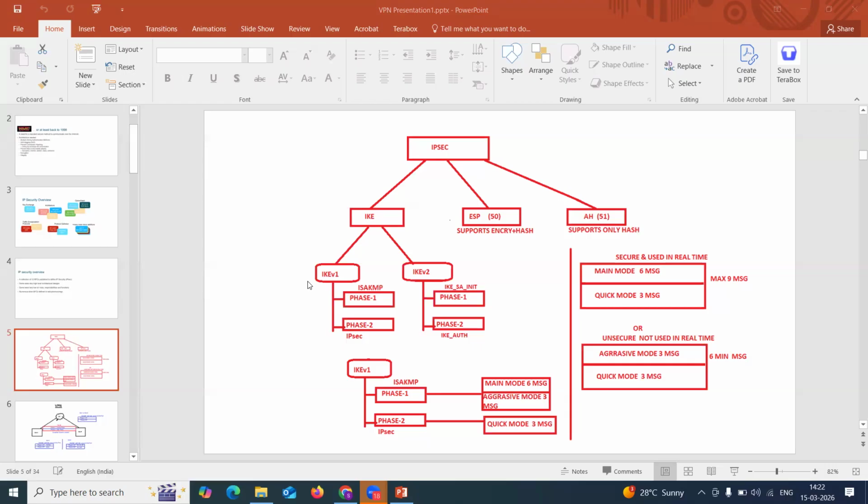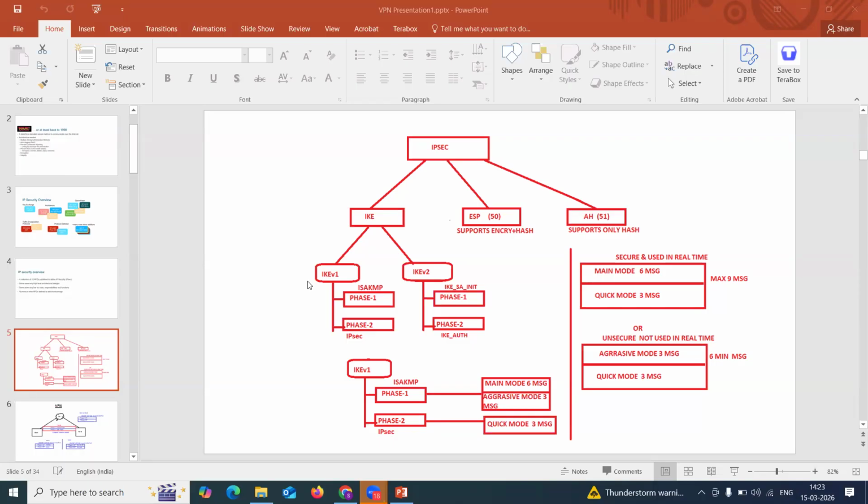IPsec is a protocol suite which creates a tunnel between two network points. IPsec secures communication by creating an encrypted tunnel.